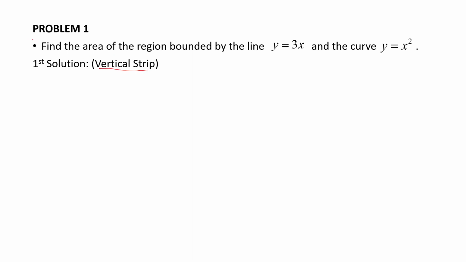Most likely the problem will always be like this. It's just a one sentence problem, but what you have to do is a lot during the calculation aspect. So find the area of the region bounded by the line y equals 3x and the curve y equals x squared.